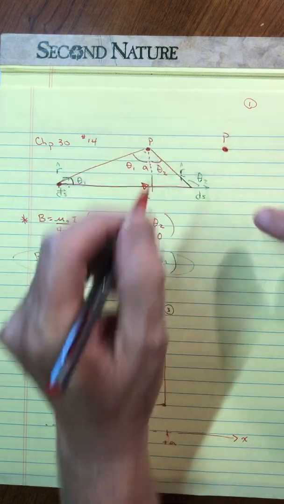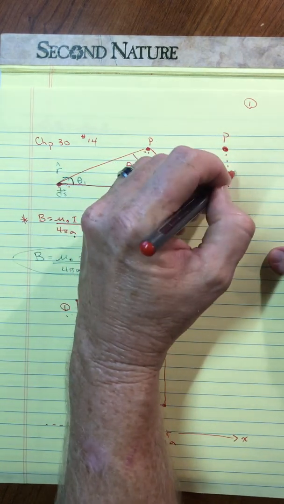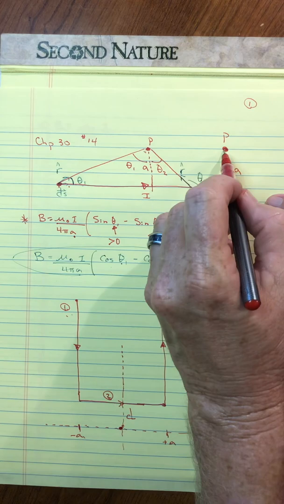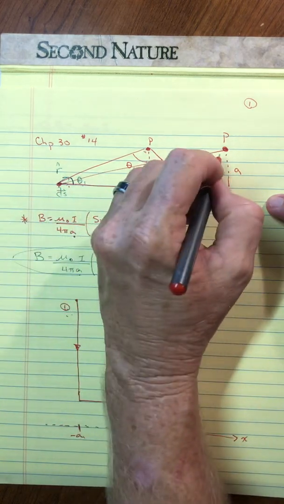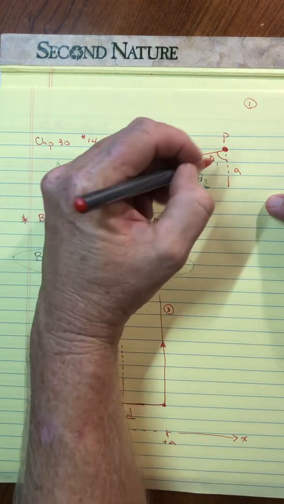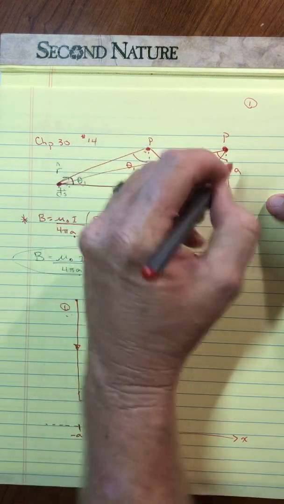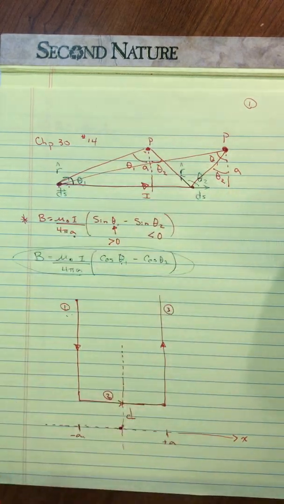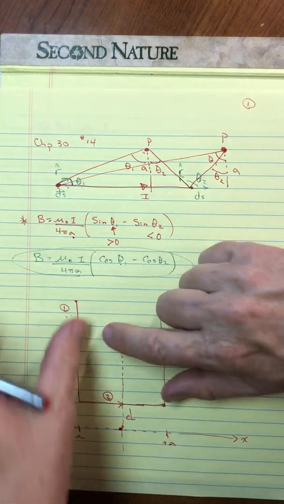But the same derivation would hold if we had put the point P here. We would just go down to here and call that A, and then we would draw a line back to there, and so that would be theta 1, and then we would draw a line to the end of it, and so that here would be theta 2. And that's kind of the problem I have here.